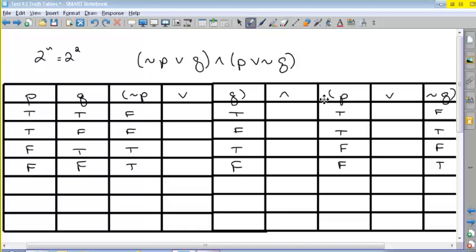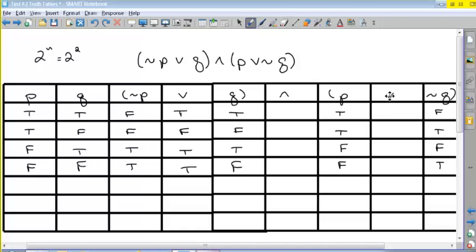Now we do what's in the parentheses on either side. And we're going to come up with a result, and then we're going to compare those. So we have the OR statement. The OR statement is false only if both are false. So this is the only case where they're both false. Here there's one false, but one true, both true, one true, but one false. So for the OR statement, the only one that's false is this one, false, false.